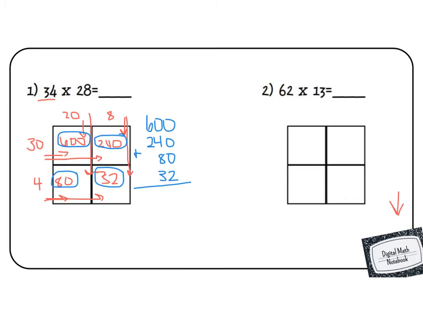Add them together. 0 plus 0 plus 2 is 2. 8 plus 4 is 12. Plus 3 is 15. 6 plus 2 is 8. Plus 1 is 9. So we get the answer 952. If you need to pause to type in these numbers in your digital math notebook, do that now.